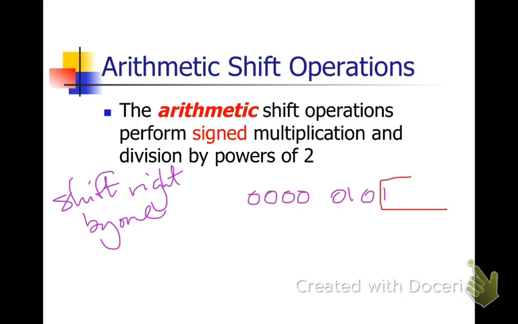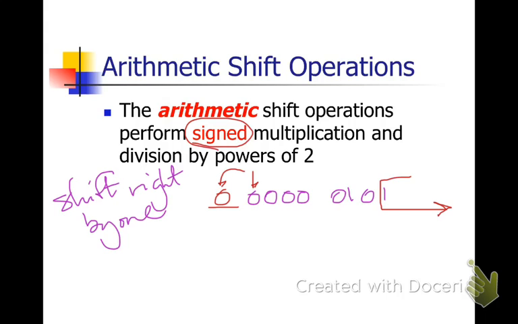In this case, my rightmost or least significant bit gets shifted out, and that opens up a leading bit. Okay? So here's something different is going to happen. Since this is signed arithmetic, I'm going to sign extend. So I'm going to take the most significant bit and copy it.